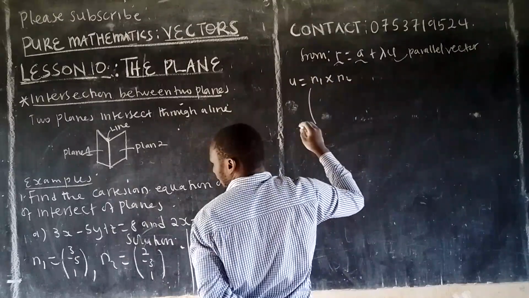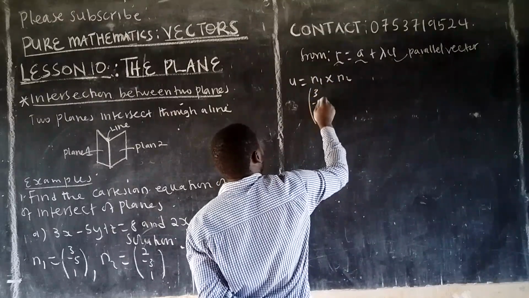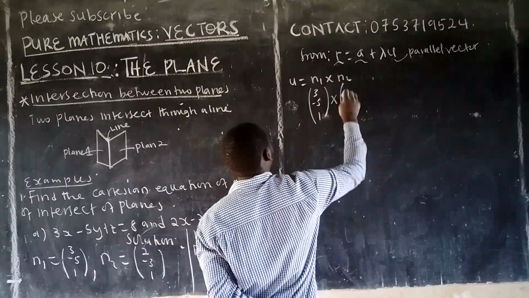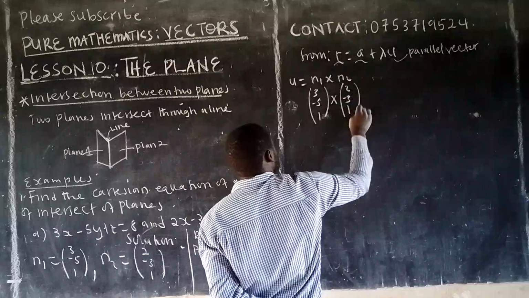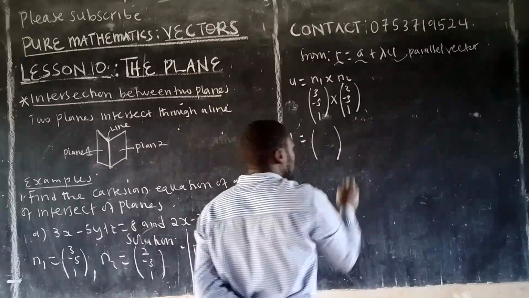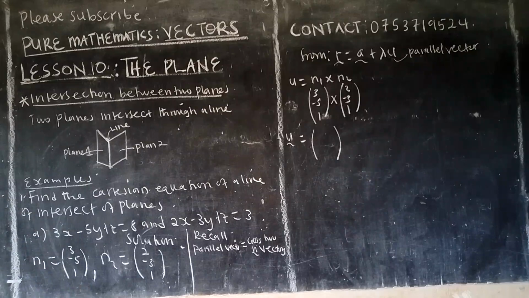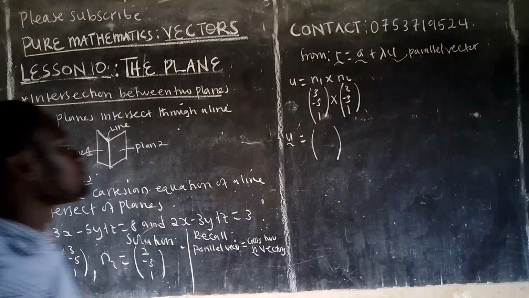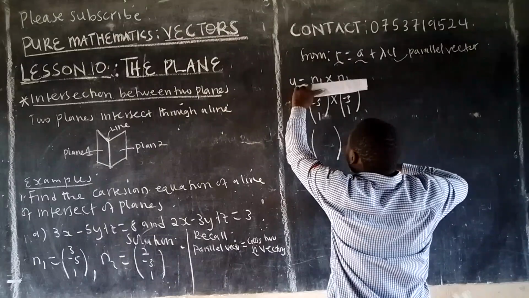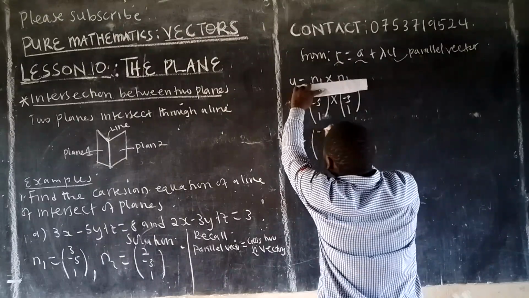So this will now be, in simple terms, 3, negative 5, 1, then cross 2, negative 3, 1, like that. So what will be now our u? I told you here, I'll be going direct. By covering, that's negative 5 plus 3, it will be negative 2.